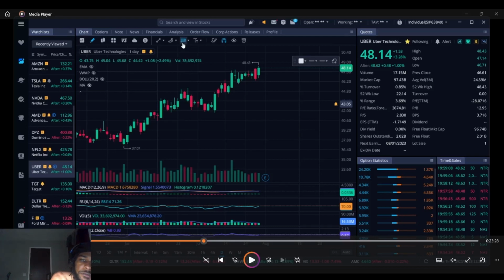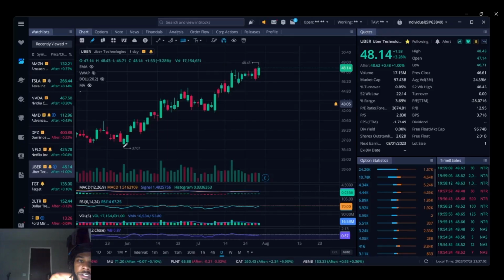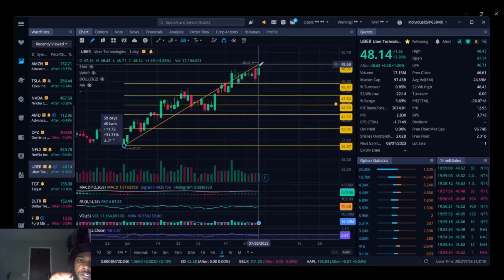So you got a 50% retracement. I look at the 50% and the 61.8. Price tends to pull back to the 61.8 the most. The lowest to the high, since it's in an uptrend, right?